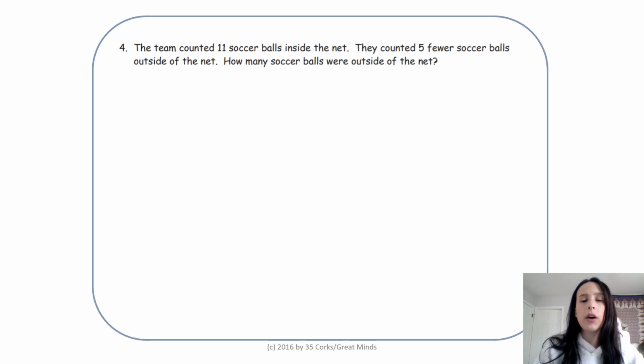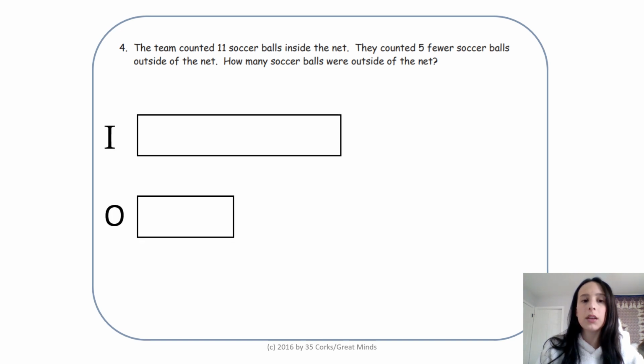All right, well, I know this time we have 2, we're comparing. How many soccer balls were outside of the net? We're going to need a double tape diagram. We have inside the net and we have outside of the net.